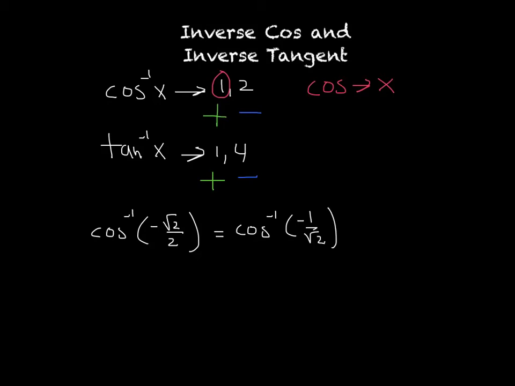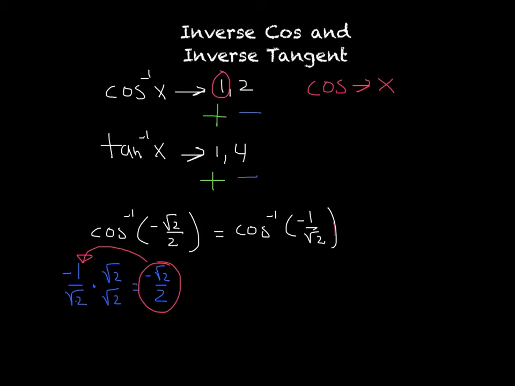Well, let's just think about it. If you have negative 1 over root 2 and you get the root 2 off of the bottom by multiplying top and bottom by root 2, what do you get? You get negative root 2 over 2. So you want to think, what was root 2 over 2 before it was root 2 over 2? It was 1 over root 2. Okay?